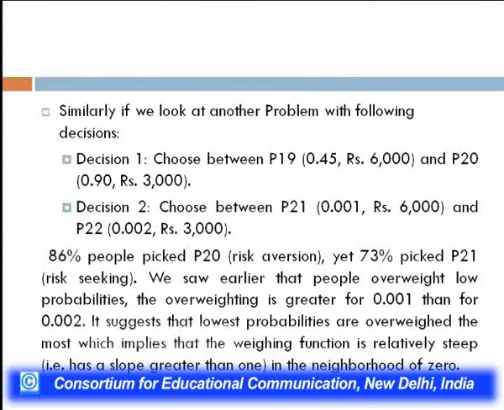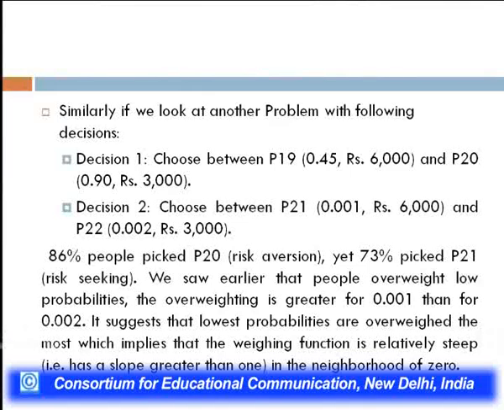Similarly, let us look at another problem. In one scenario we have to choose between P19 and P20, where P19 gives a 45% probability of earning 6,000 and P20 gives a 90% probability of earning rupees 3,000. 86% of people picked P20, which shows the risk aversion property.